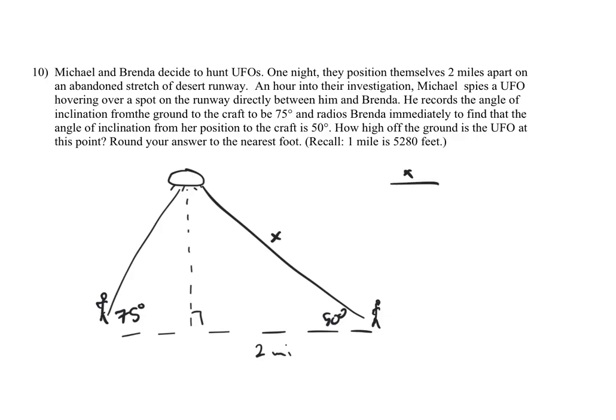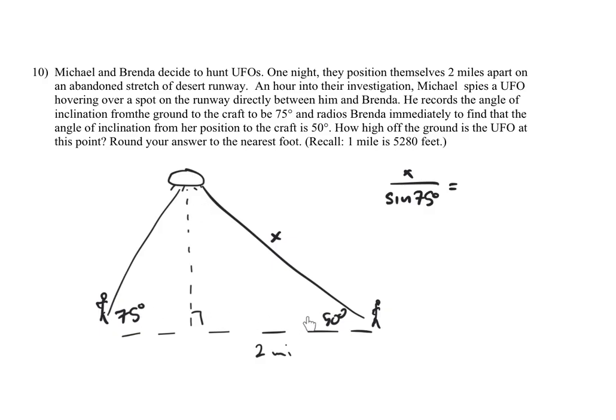So this length is across from that angle. So that's going to be x over the sine of 75 degrees. And then the other ratio of the law of sines has to have a complete numerator. We have to know the side length, and we have to know the angle across from it. So the only side length we know is 2 miles. So we need to know this angle right here.